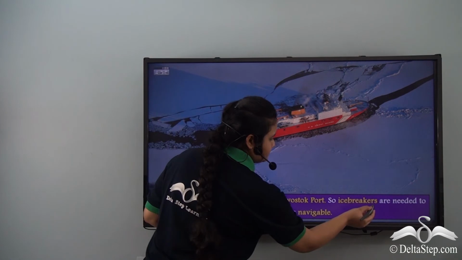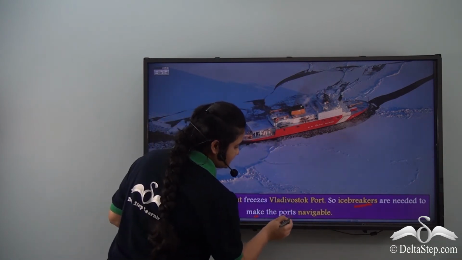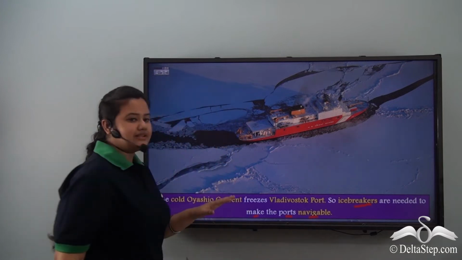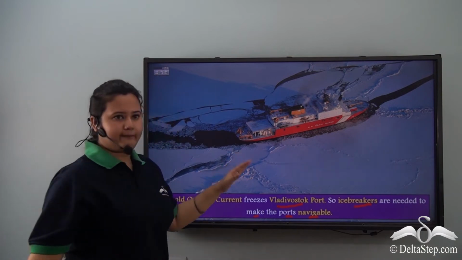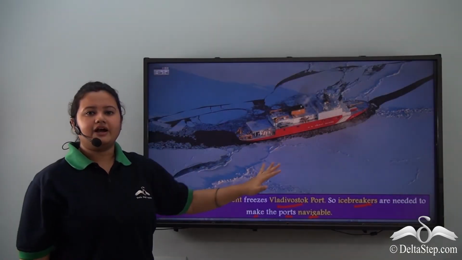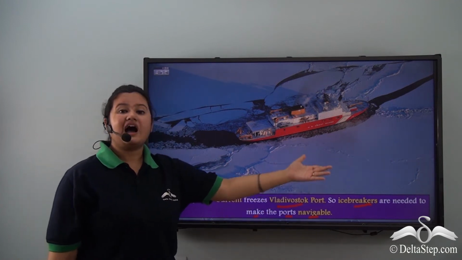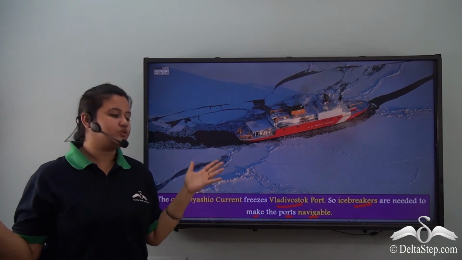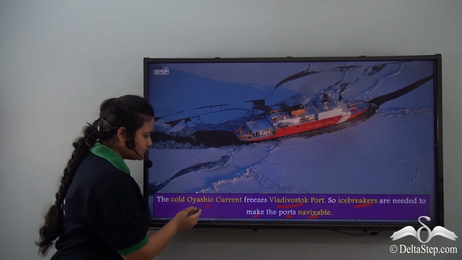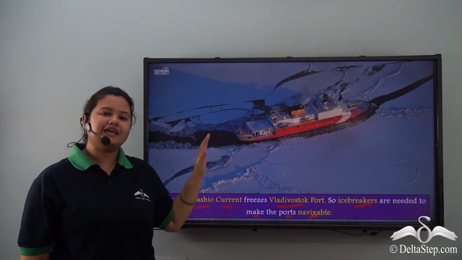Therefore, ice breakers are needed to make the ports navigable. One such port is the Vladivostok port. Here we need ice breakers to break the mass chunks of ice brought down by the Oyashio current and to make navigation possible in this port.